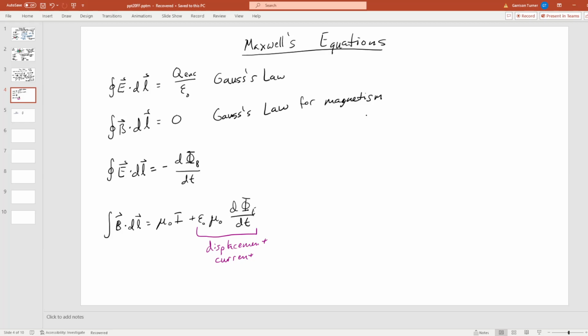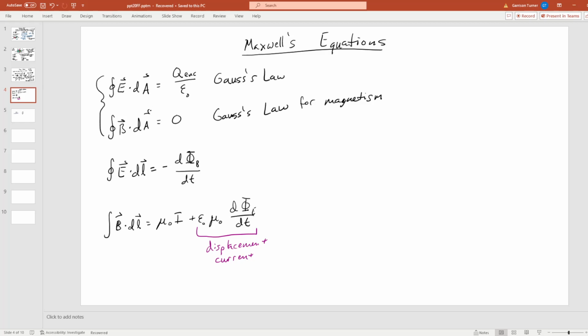So the difference between these two equations is that when I draw, and I just realized these are incorrect. These are A's. I got ahead of myself. Fluxes, yeah.